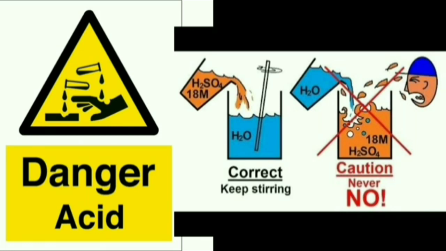Acids are never stored in metal containers because they gradually corrode and eat up the metal container. Acids are stored in containers made of glass and ceramics because they are not attacked by acids. In addition to concentrated mineral acids, the strong bases or alkalis such as sodium hydroxide are also very corrosive and attack and destroy our skin.